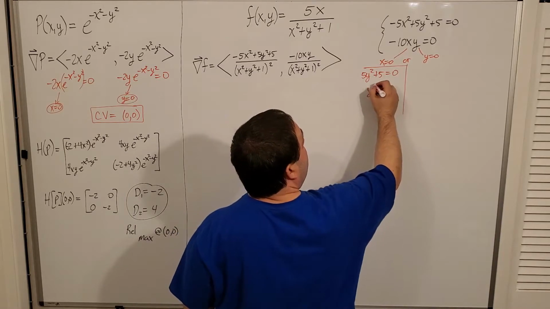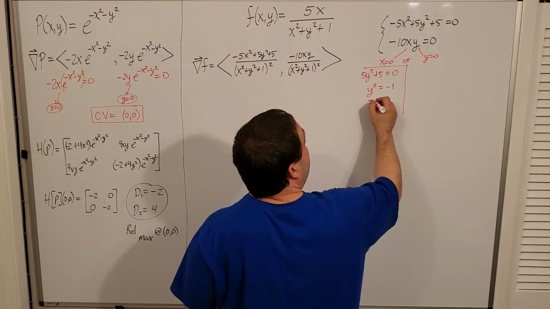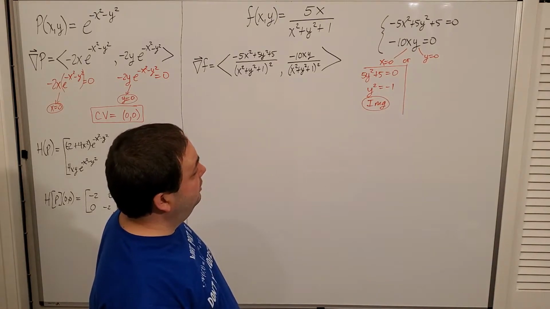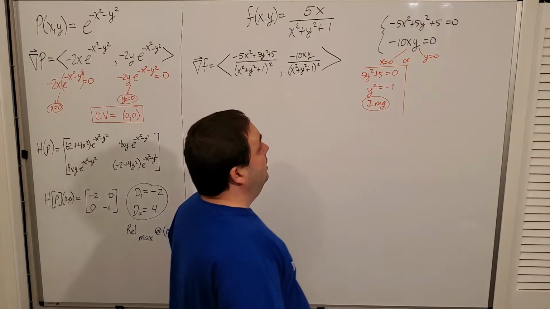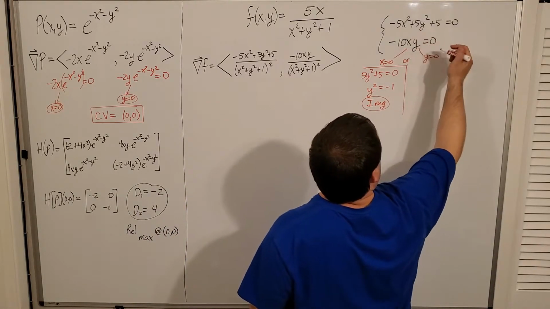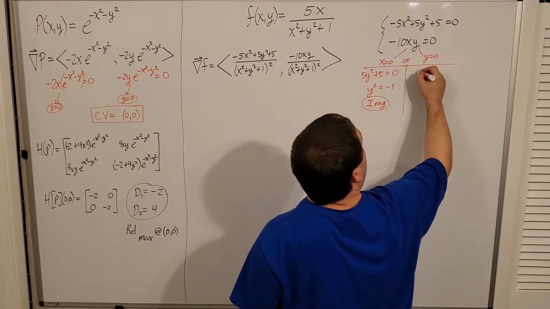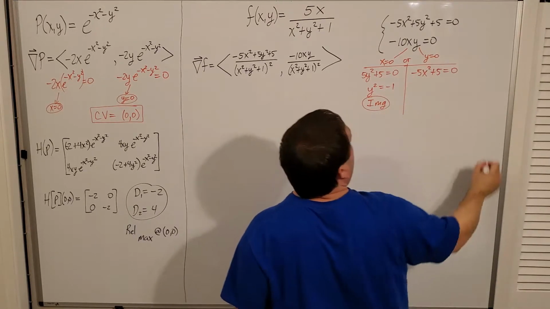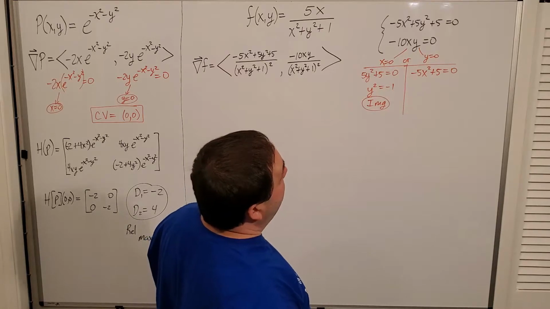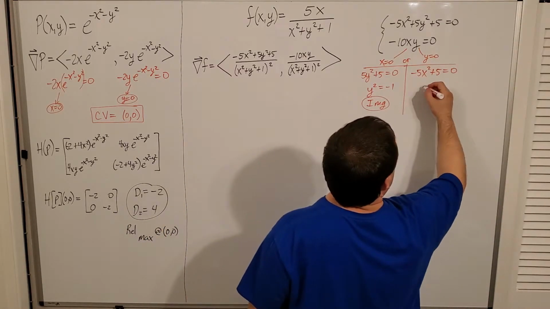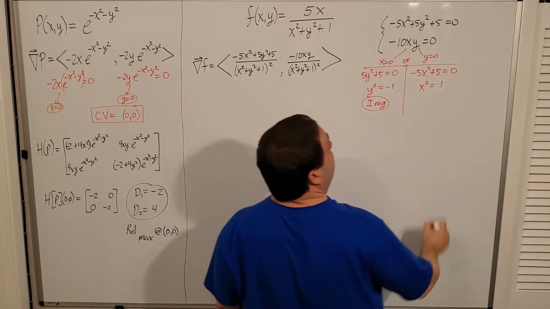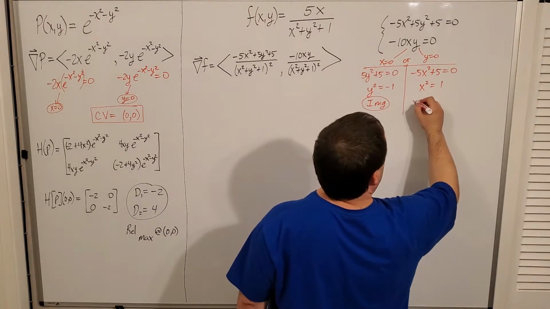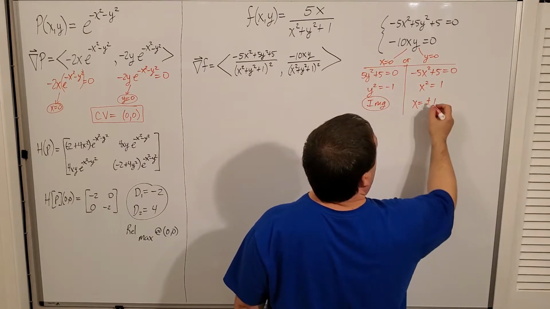I think you'll quickly see that this has imaginary answers, right? Just from a subtraction and a division and the square root. However, when y is 0, I get the equation negative 5x squared plus 5 equals 0. And then that tells me x squared is equal to positive 1, which of course has the two solutions. x is plus or minus 1, right?